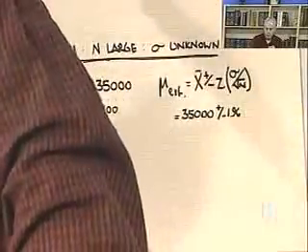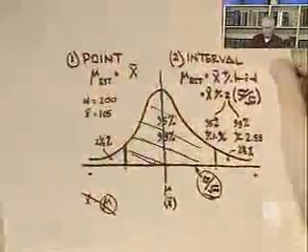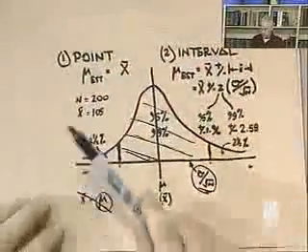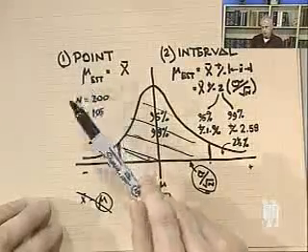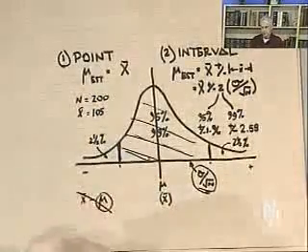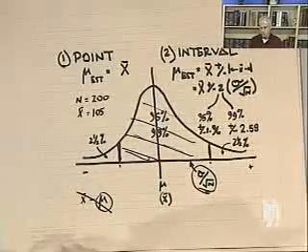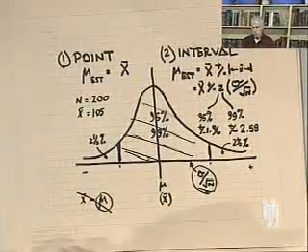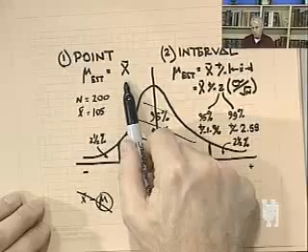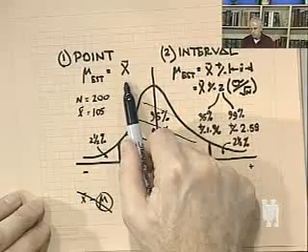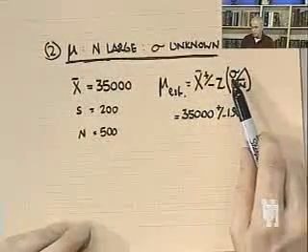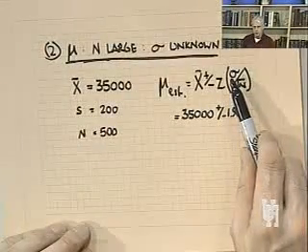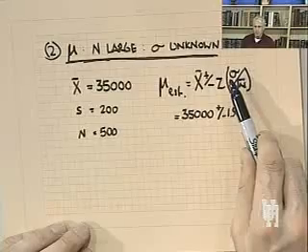Let me go back to point estimation. When we didn't know the population mean, what did we use to estimate it? The sample mean? Yes? If we don't know the population standard deviation, what could we use to estimate it?